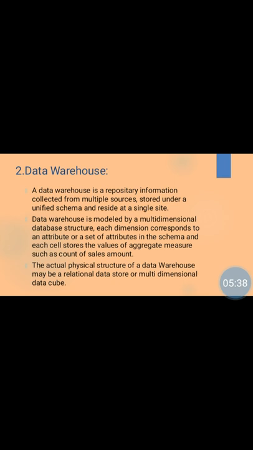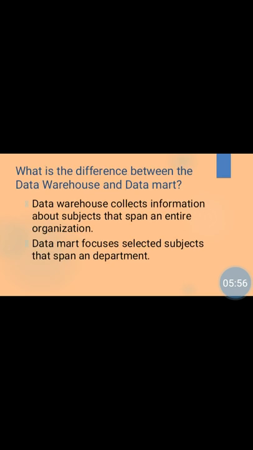That is a multi-dimensional view of data, and it allows pre-computation and fast accessing of summarized data. What is the use of this? It is used to extract the information very fast.